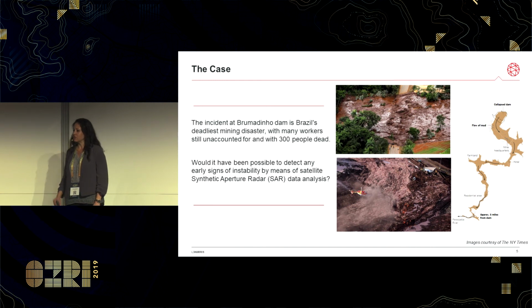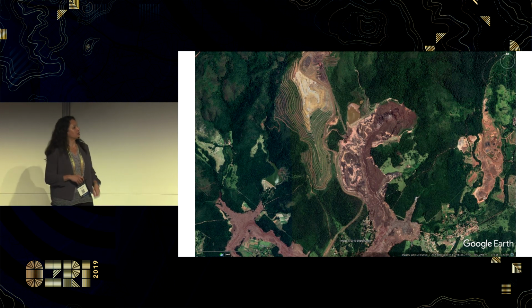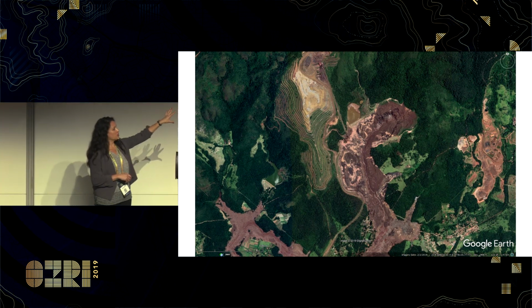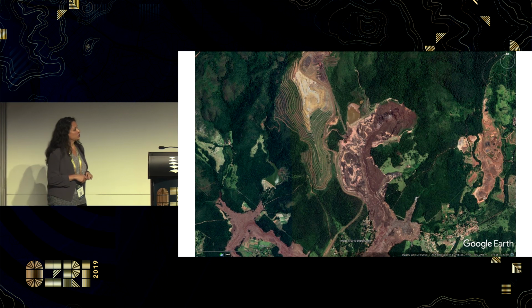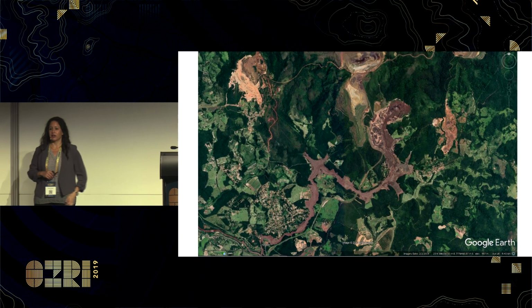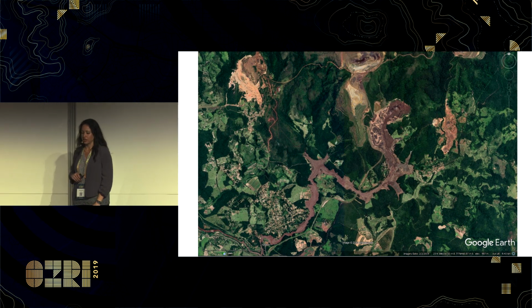We can see some different images of what that looked like, starting with the before images of the dam. At the top is the upper part of the dam, and in the middle is where the dam structure failure happened. Here are some graphics after, when the mud flow started expanding outside of that area.